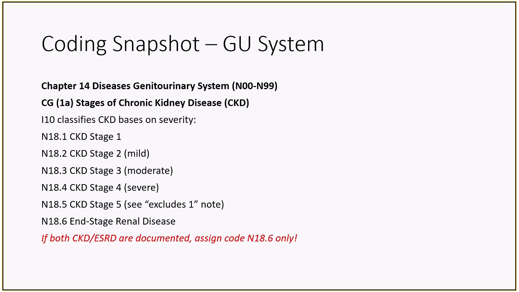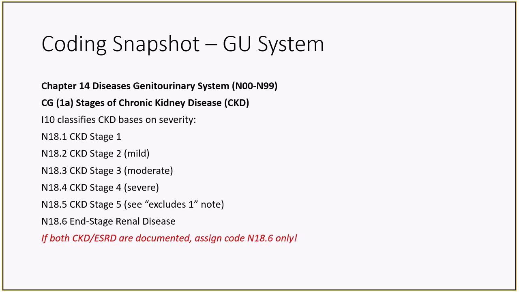You have code N18.1, which is stage 1, N18.2 is stage 2, which is considered mild, N18.3 is stage 3, which is considered moderate. You have N18.4, which is stage 4, which is considered severe. Then you have stage 5, which is N18.5.